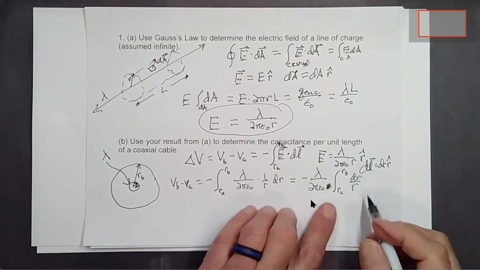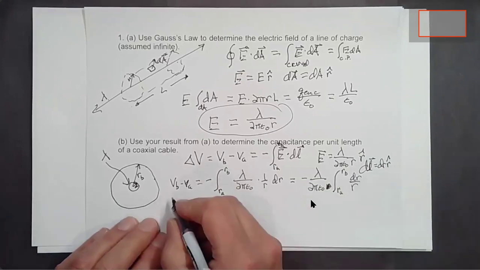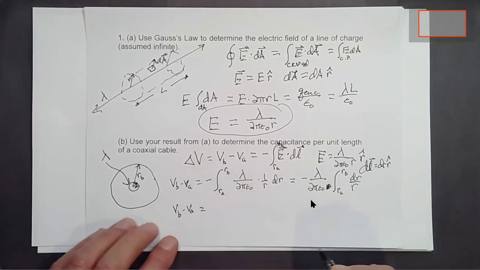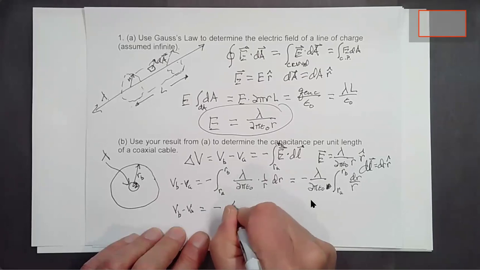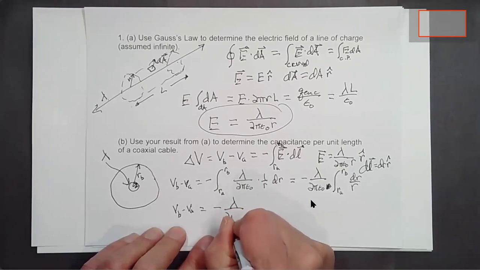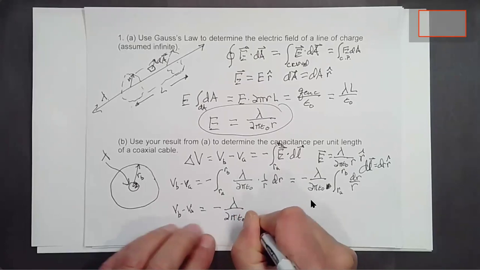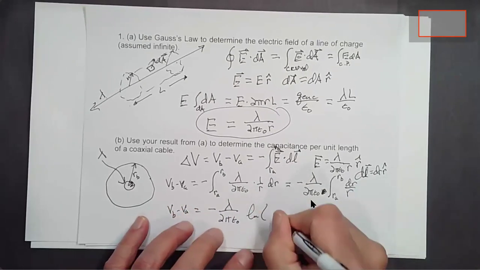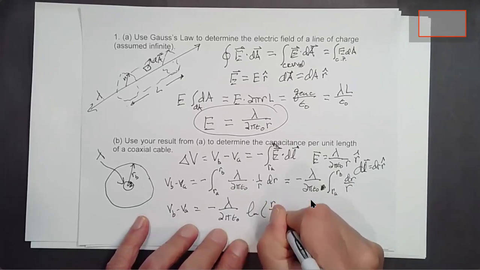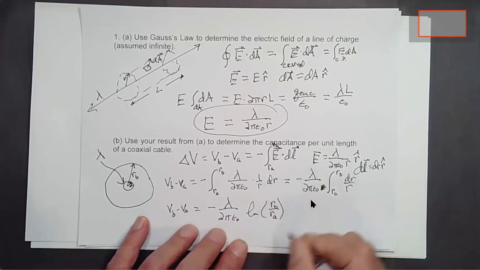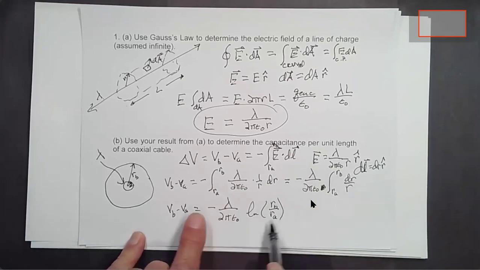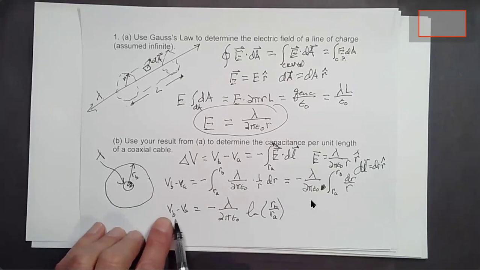So I'm going to do three calculus steps at once here, and I'll get V_b minus V_a is going to equal minus lambda over 2 pi epsilon naught natural log of r_b over r_a. And if lambda is positive, this is going to be negative, which just means that V_b is at a lower potential than V_a.